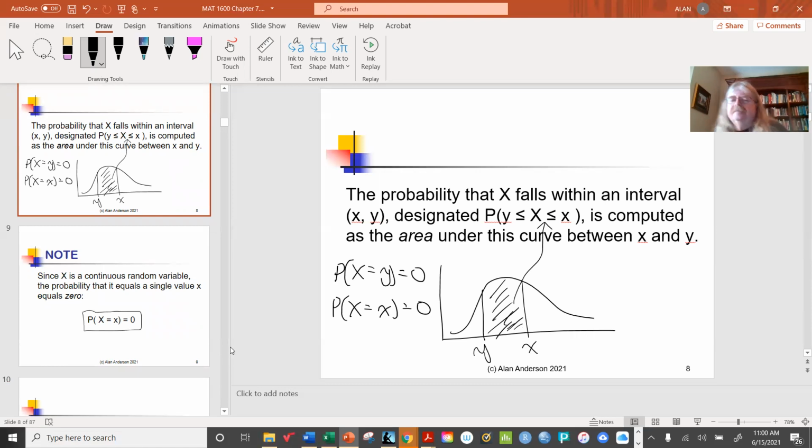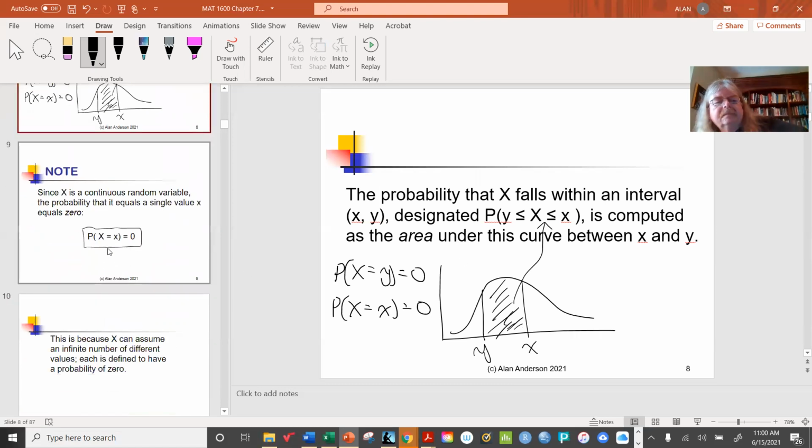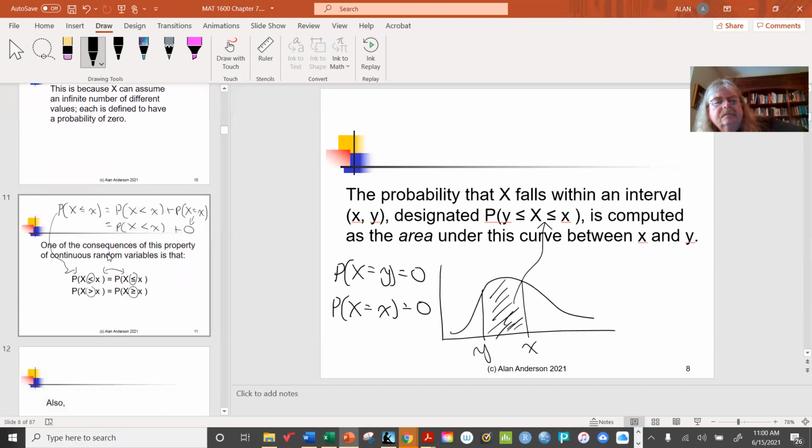Now, here's another strange consequence of this. So be prepared for another bizarre consequence.